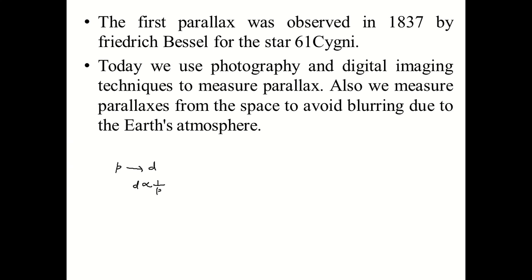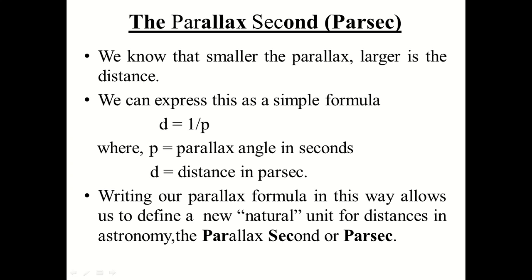That we can put in the form of an equation, d is equal to 1 by P. That is, we directly convert the observed parallax angle to the distance by using the formula d is equal to 1 by P, where the condition is that P is the parallax angle in arc seconds.